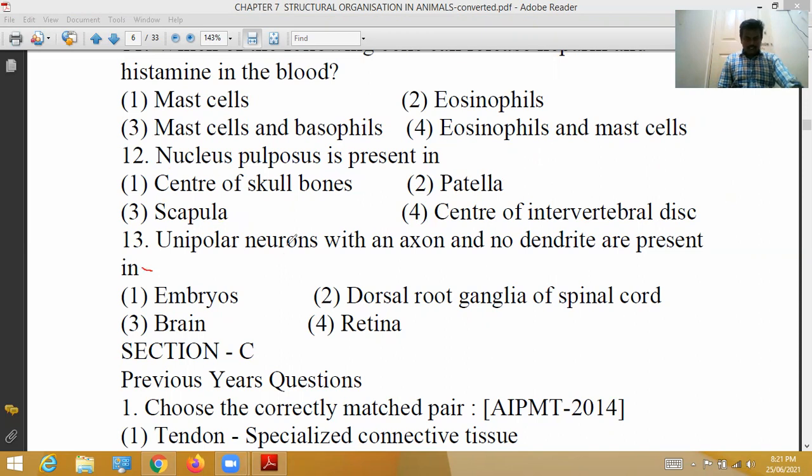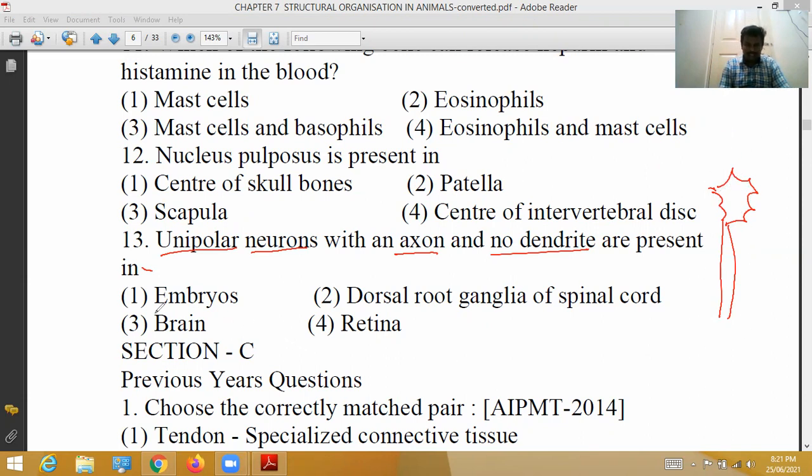13th question. Unipolar neurons with an axon and no dendrites are present in. See, what is a unipolar neuron? It has only one axon, but dendrites are absent. Such types of neurons are found in the embryo. Only one axon and the cell body are present.